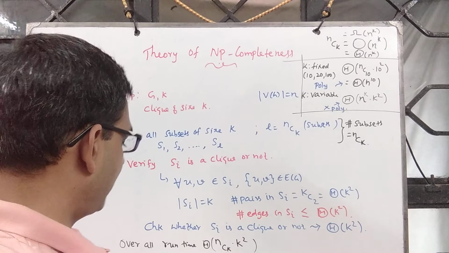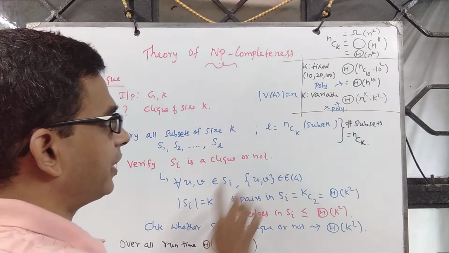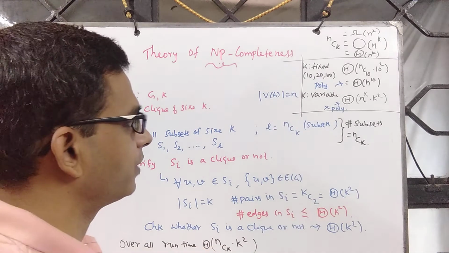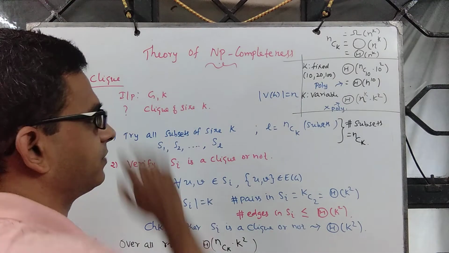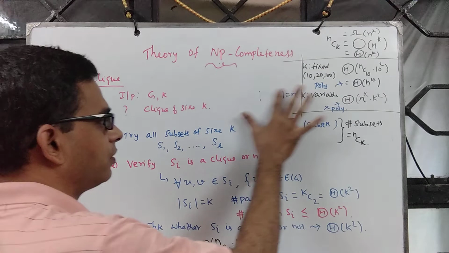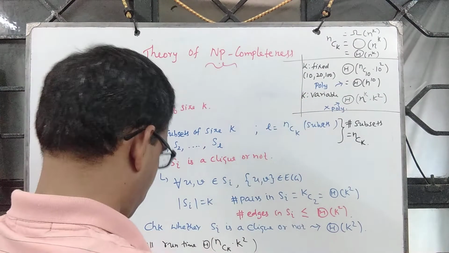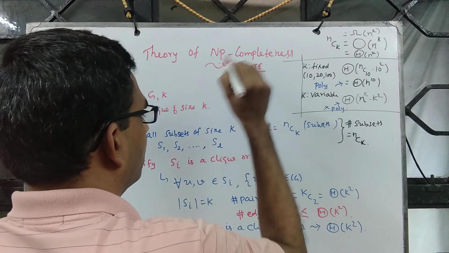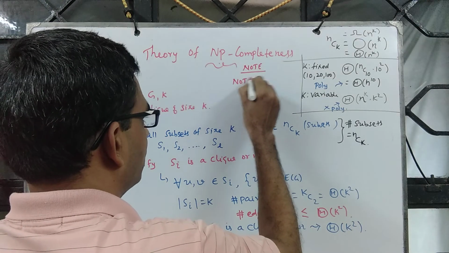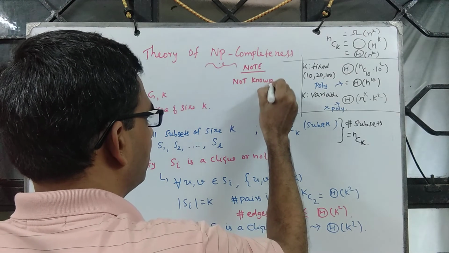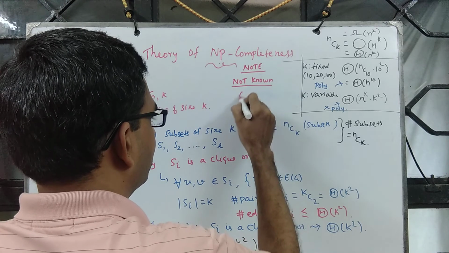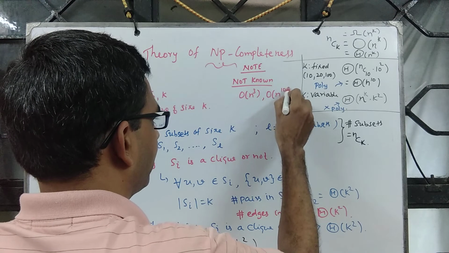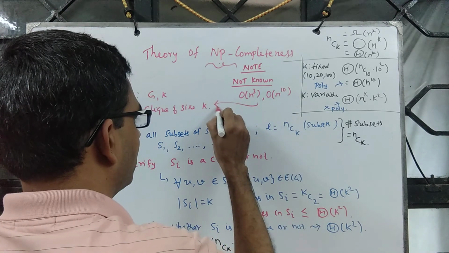So now you see that we are not getting something like order n square or order n cube irrespective of this. Note that it is not known as of this date an algorithm like order n cube or, say, order n power 10 for this problem.